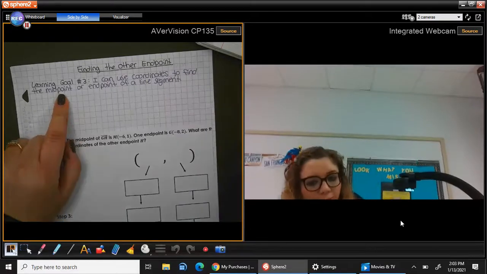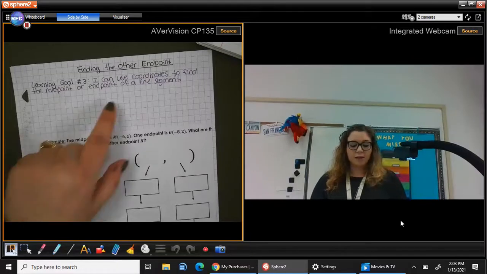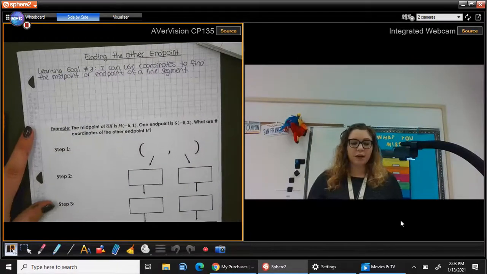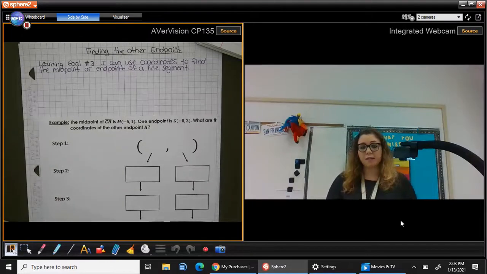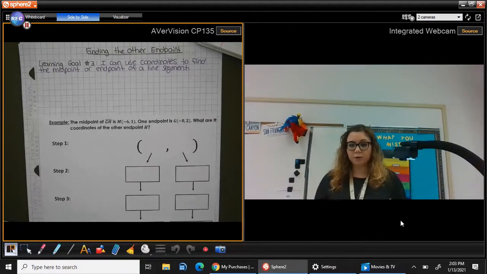Okay, so we can find the midpoint, but now we're going to talk about how to find the endpoint of the line. Okay, so this one, it's not that hard, but it is a lot of steps. Okay, if you know the steps, memorize them. It won't take as long, but the more practice you do, the quicker you're going to be at it.